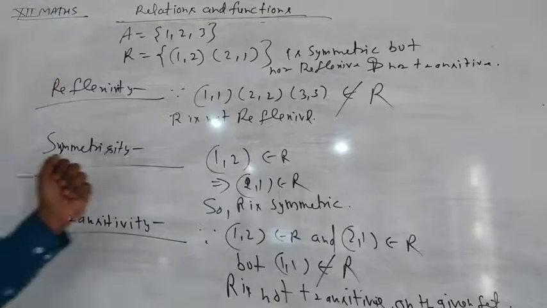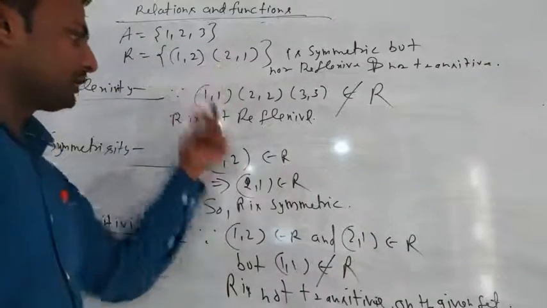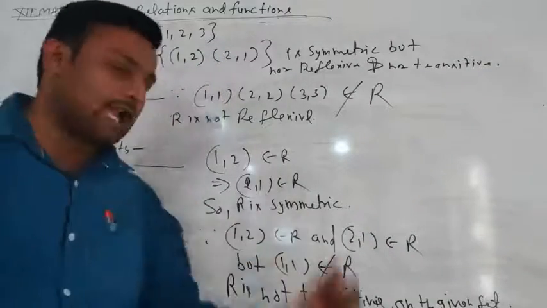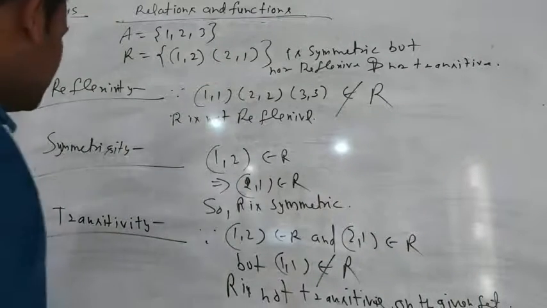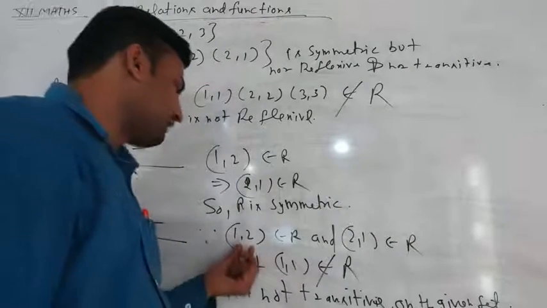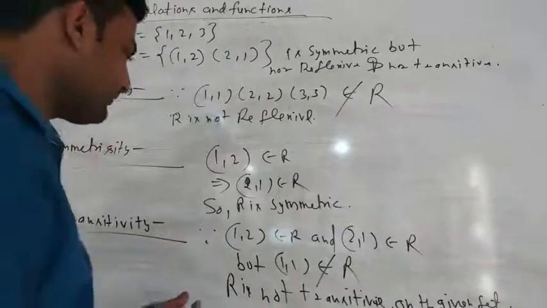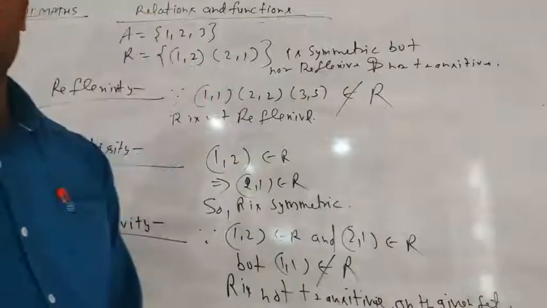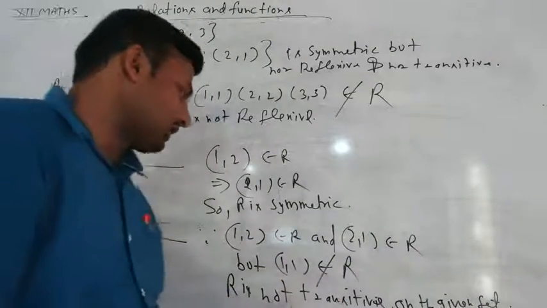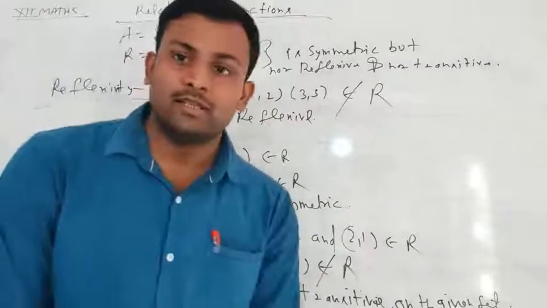For symmetricity, students, we see (1, 2) belongs to R and its (2, 1) also belongs to R, so we can say that our R is symmetric. And in case of transitivity, students, (1, 2) belongs to R and (2, 1) belongs to R, but (1, 1) does not belong to R. So we can say that our R is not transitive on the given set.